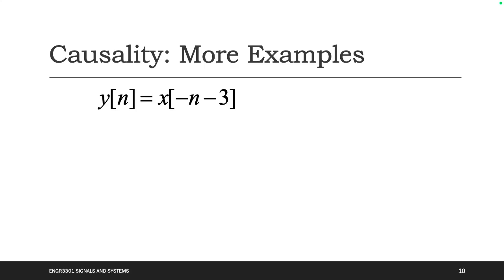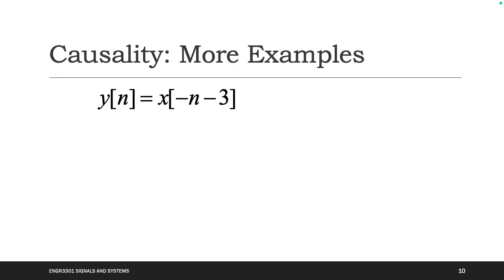If n equal 1, you need to figure out x of -4. Then if n equal -1, what is x here? -2.